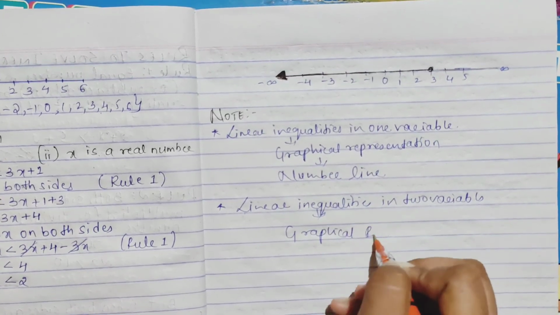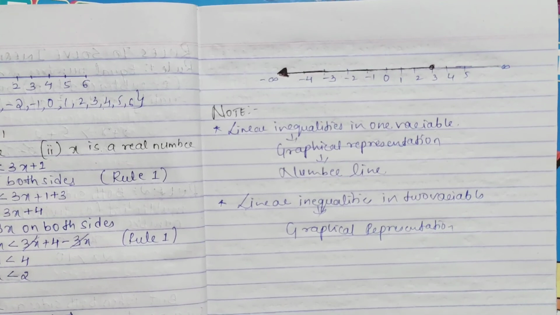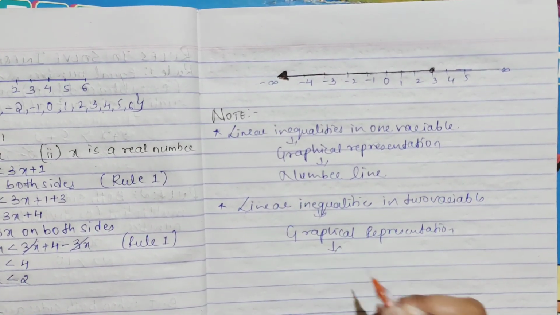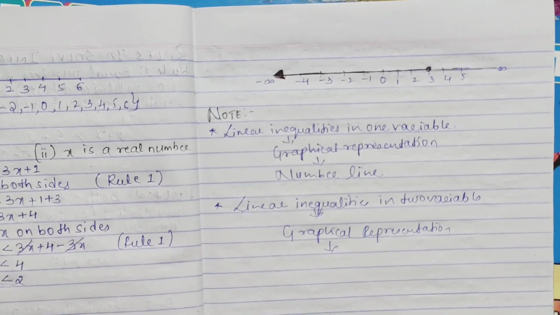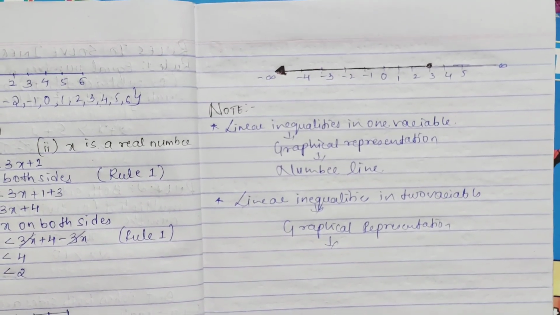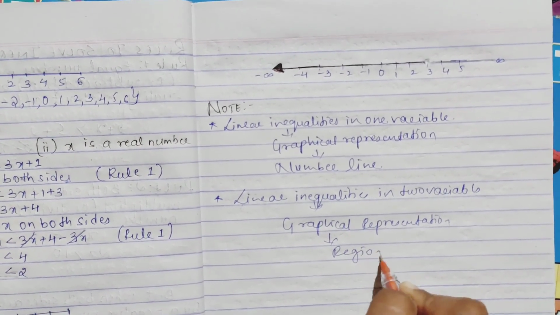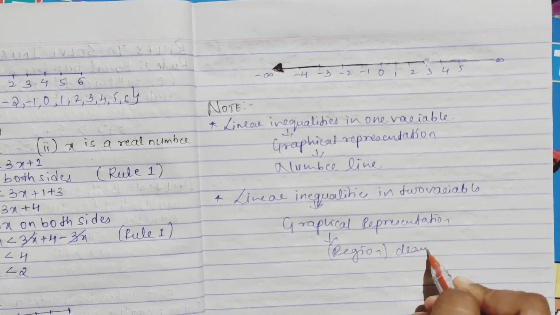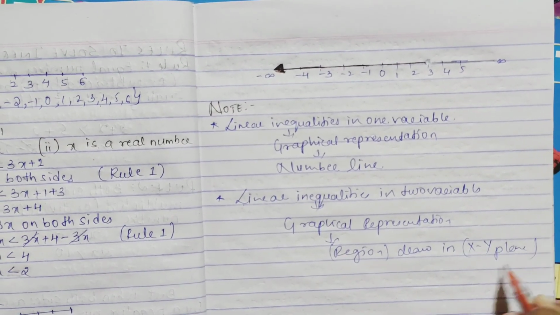Its graphical representation means a region. It will be a region drawn in your xy plane. The xy plane means your Cartesian plane.